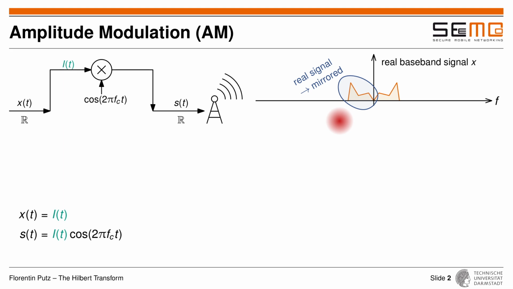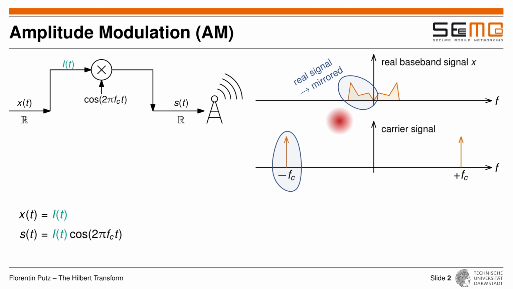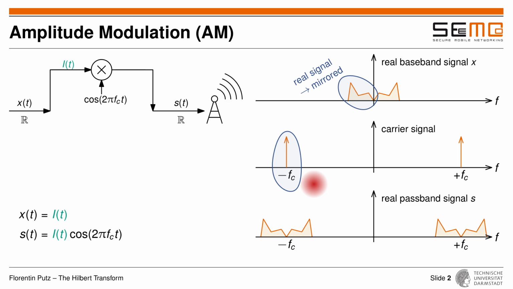So let's look at our carrier wave here. This carrier signal is also a real signal because we can see the positive carrier frequency and also the negative carrier frequency here in this frequency representation. And if we multiply both signals together, we get a real passband signal where the baseband is shifted up to the carrier frequency.